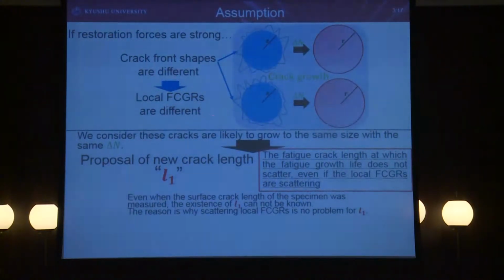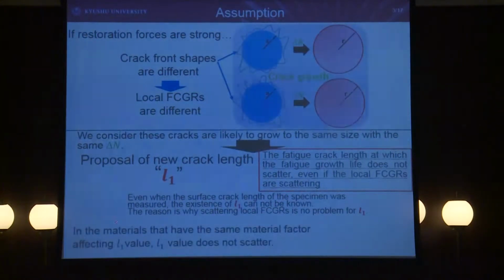The reason is that scattering local FCGRs is no problem for L1. And therefore, in materials that have the same material factor affecting L1, the L1 value does not scatter. It means reduction of safety factor.